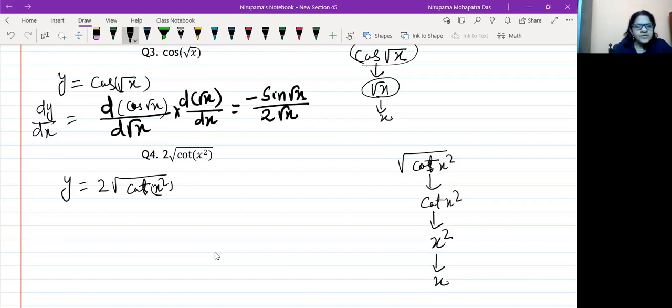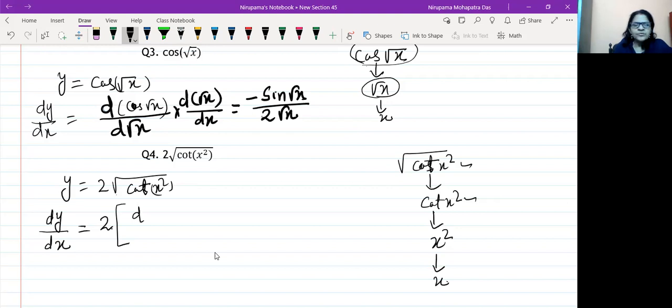Once you are familiar with this, once you have expertise, you don't have to write it down, you can do it directly. So dy by dx is 2, which is a constant, so let us keep it outside. Now we have to differentiate the way we have found the direct link.